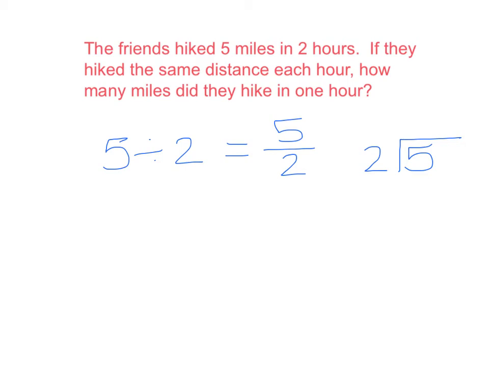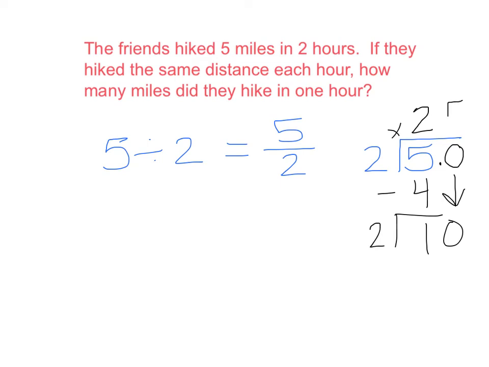So I ask myself, how many 2s can go into 5? Well, 2 times 2 is 4, and that gets me closest to 5. When I subtract, I have a 1. Now, I can continue this problem by adding a decimal and a 0. I can bring down my 0, and I can ask how many 2s go into 10?